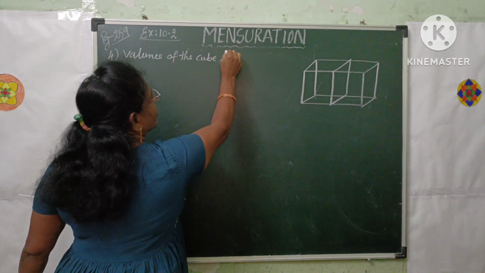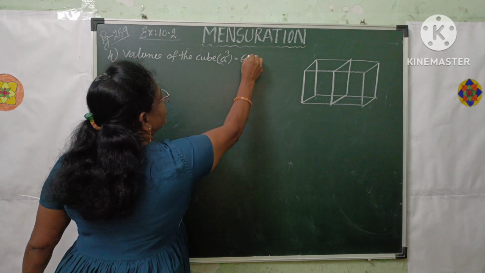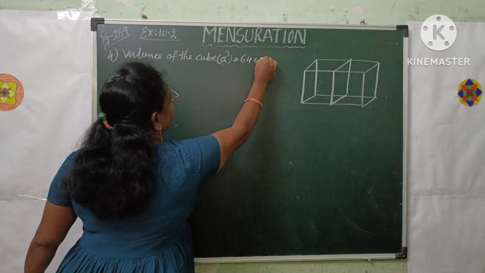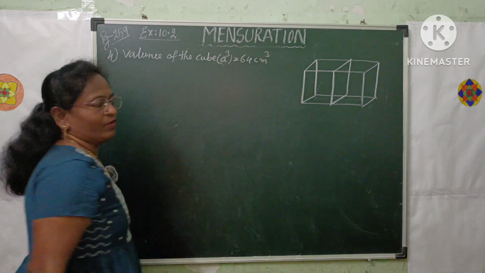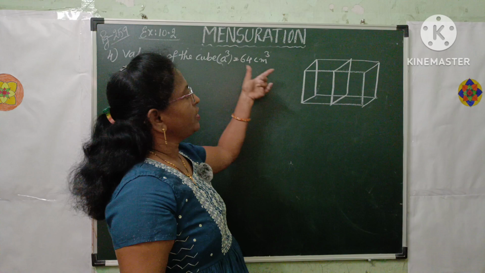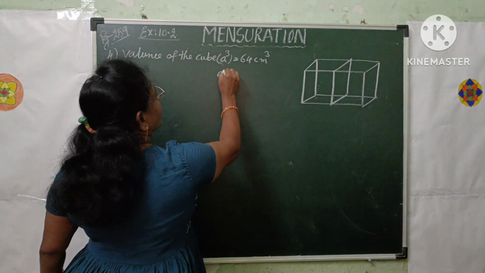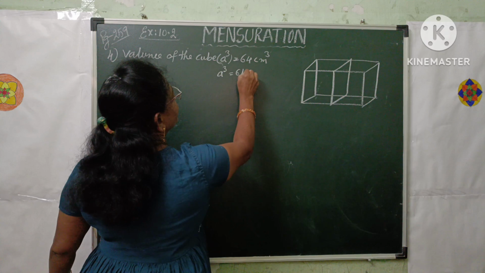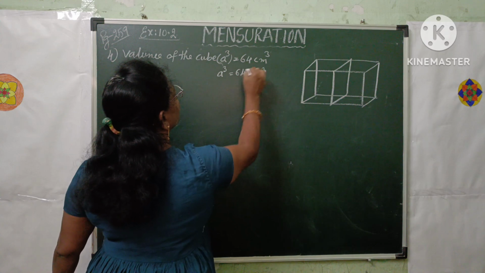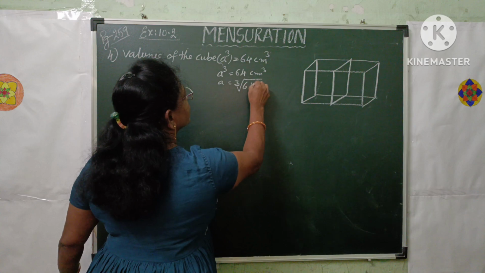Here a cube equal to 64 centimeter cube they have given. That's it. So based on the volume, we need to find the sides also. Okay. So a cube equal to 64 centimeter cube. A equal to cube root of 64.